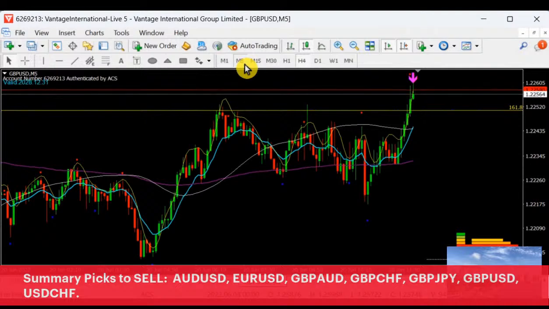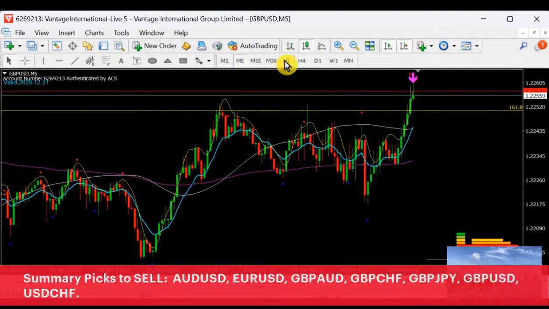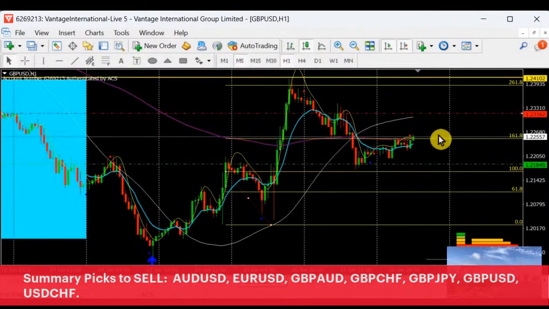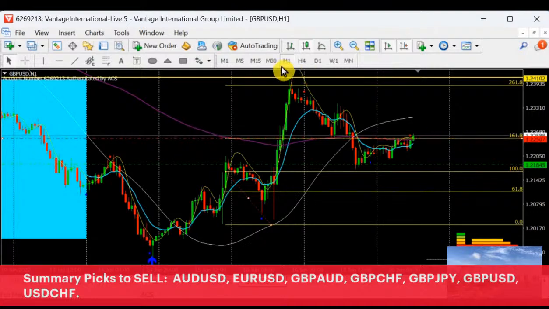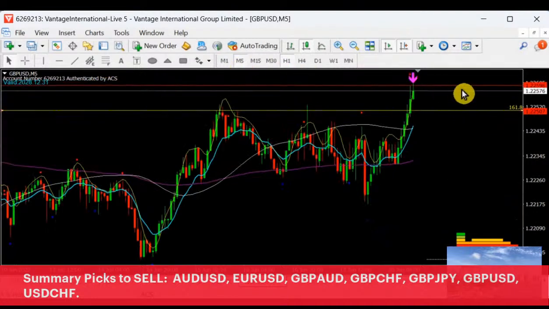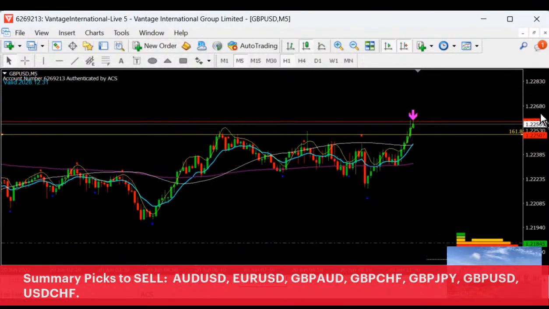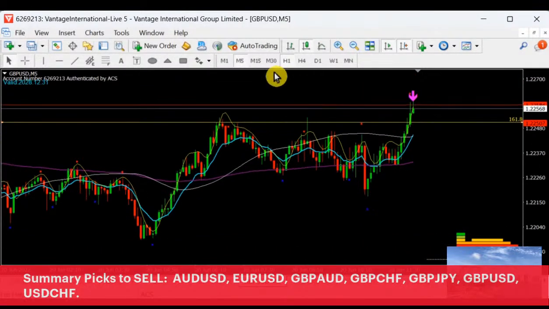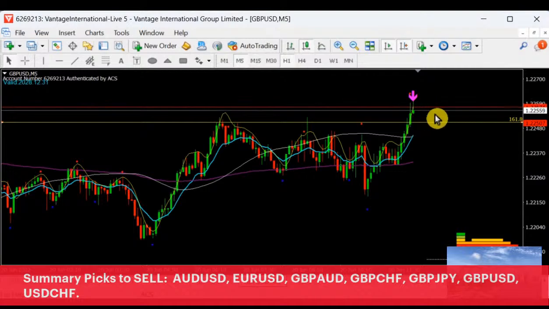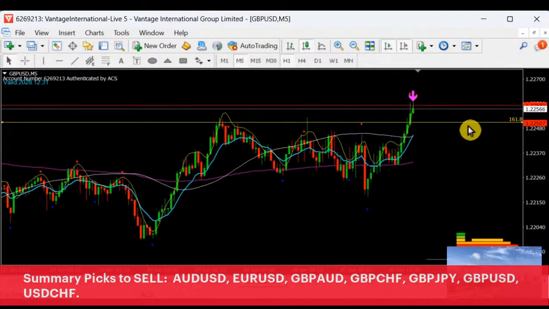As for now, by looking at this area of this resistance here, it's actually the 161.8 here.